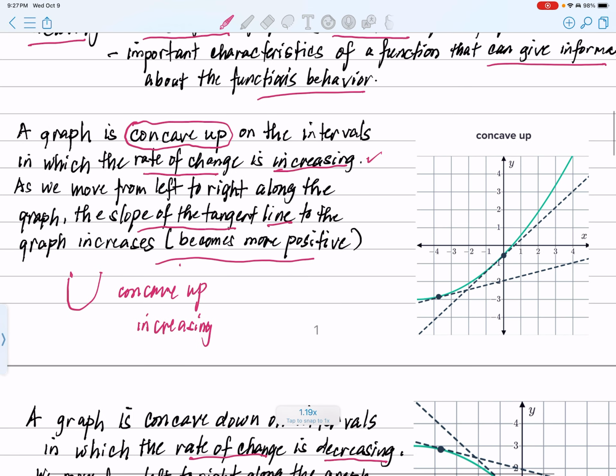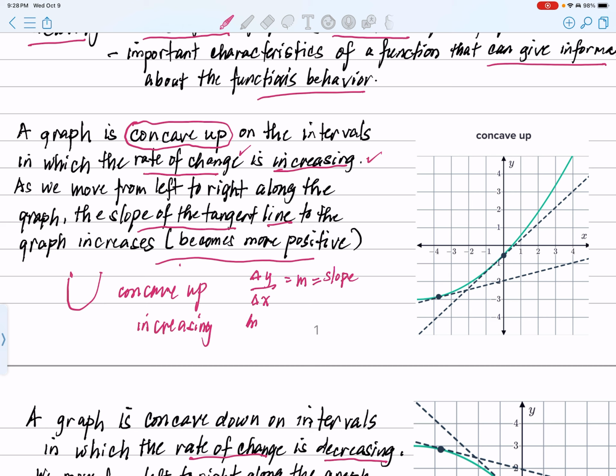We are talking about the rate of change. So how does the rate of change, if we recall, change in y over the change in x. So what is the change in y over the change in x? Isn't it the slope, right? So what is the slope?